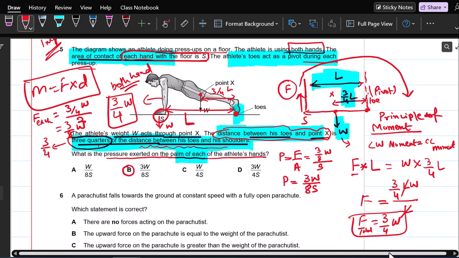Somewhat similar question like this, not the exact one, but having the concept of two topics. Here the concept is of principle of moment and pressure. Two topics are going to be covered in this question. Similarly, two topics were covered in the same moment question in the paper. I think it was a paper of October, November 23. So a very good question again, I would say.